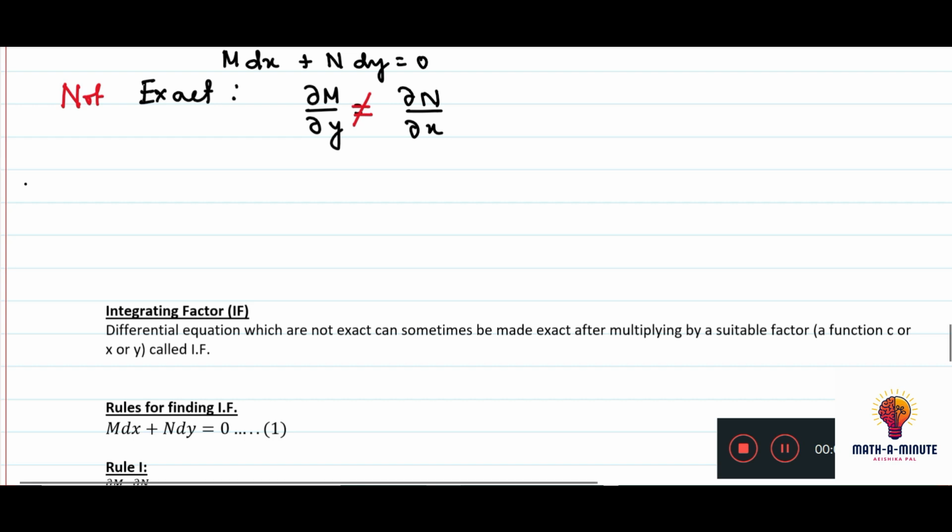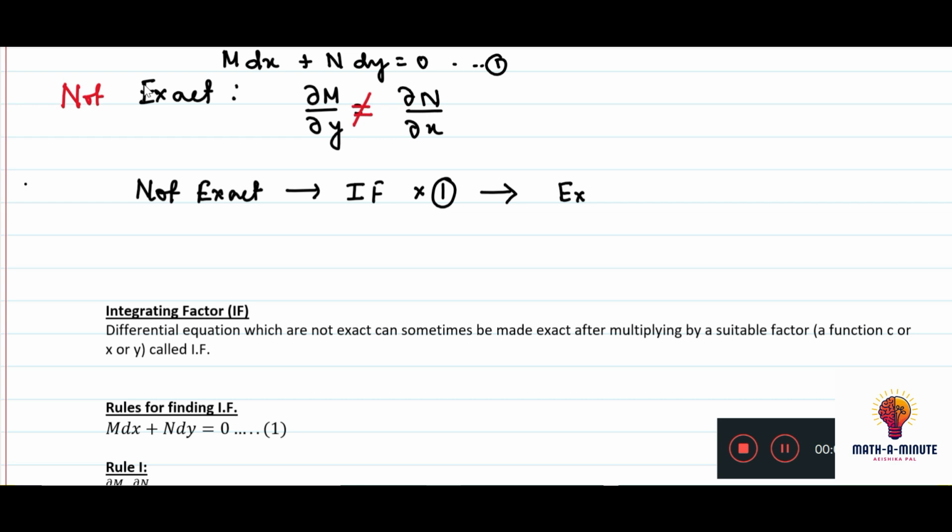So now the question is, if any equation is not exact, then how do we solve those differential equations? If an equation is not exact, we have to find an integrating factor, and multiplying the equation with the integrating factor, we get an exact differential equation.